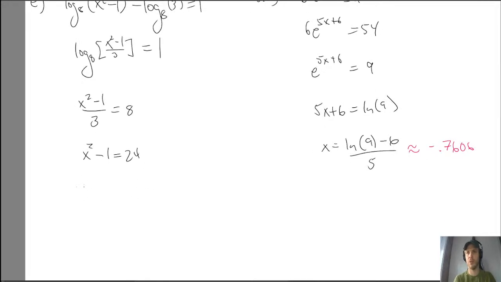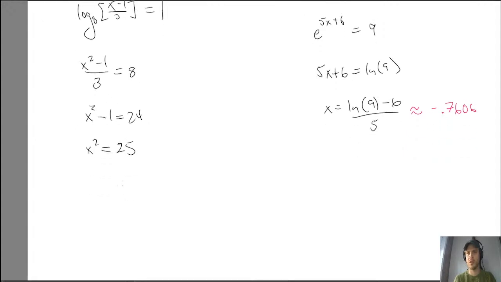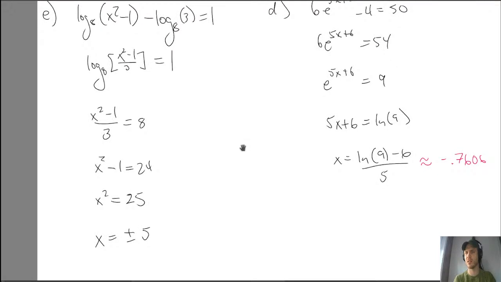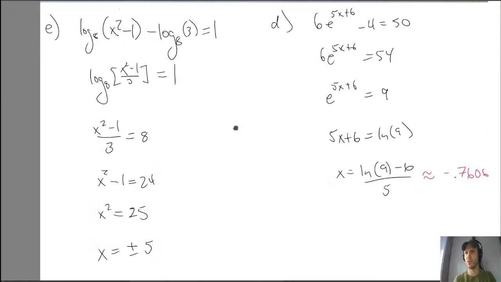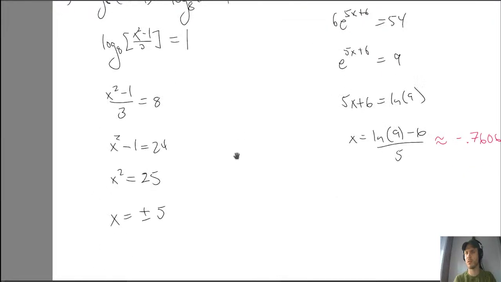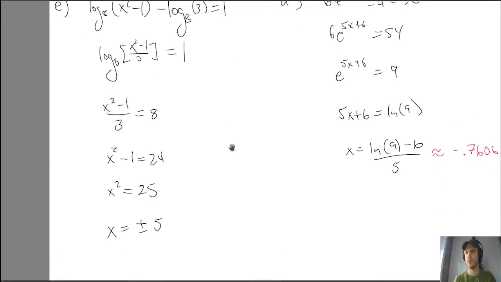Multiply both sides by 3. Add 1 and take the square root, and we should be careful to make sure that both of these provide real solutions. So negative 5 squared minus 1 is 6. Oh, no, that's 25.